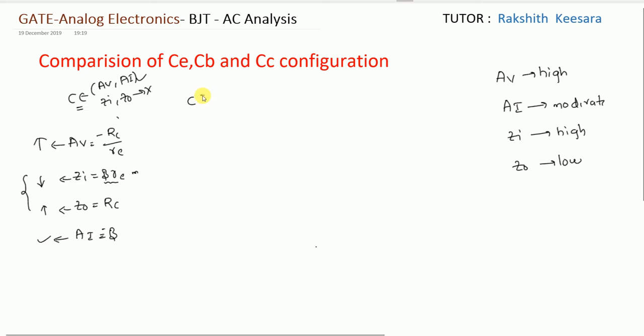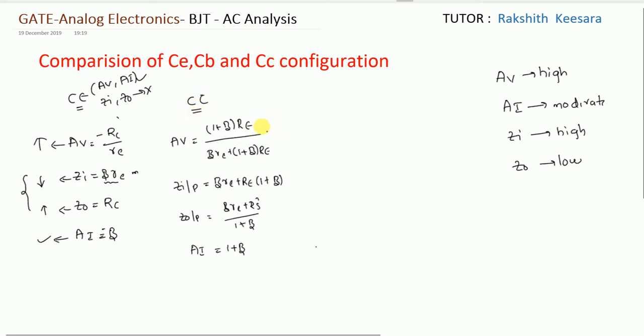If you check the common collector amplifier, these are the parameters. If you observe voltage gain carefully, beta RA will be very low when compared to 1 plus beta into RA. So if I neglect this, these two terms will get cancelled and AV will be equal to 1. What does this indicate, guys?